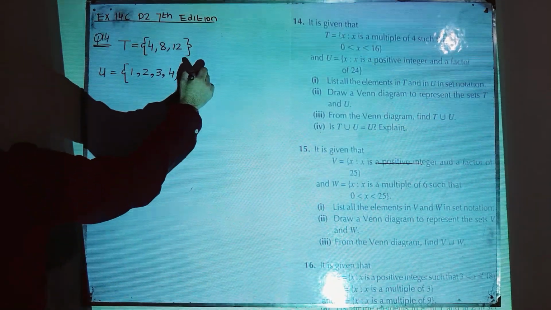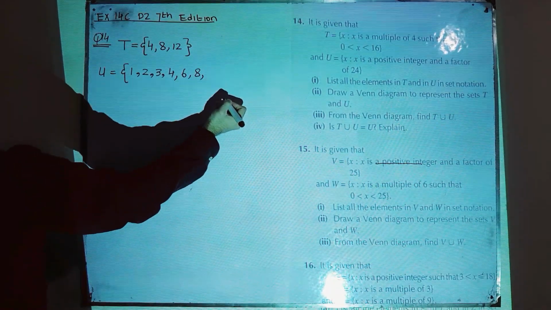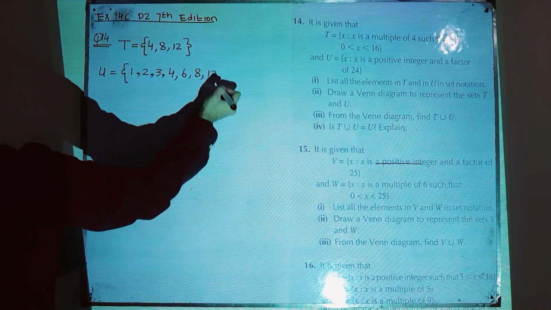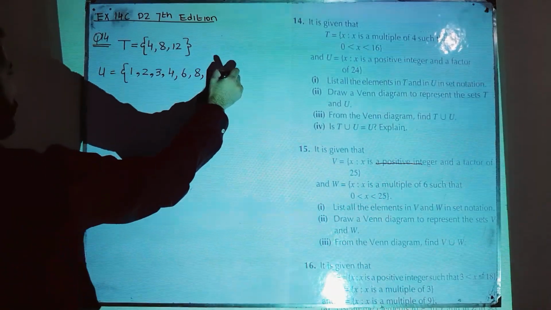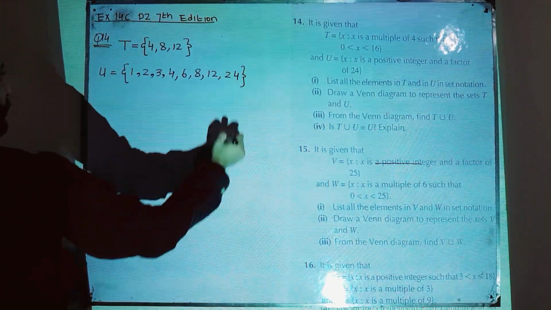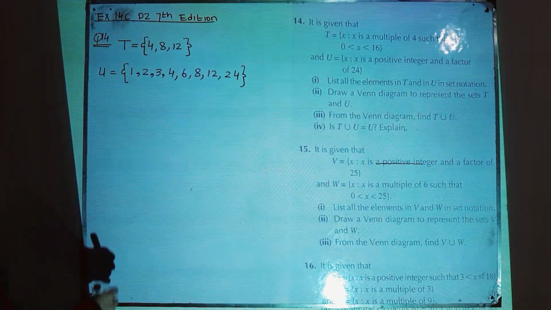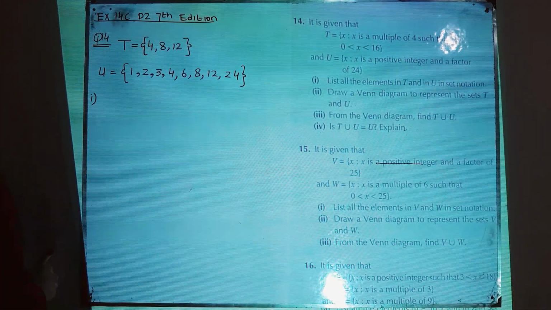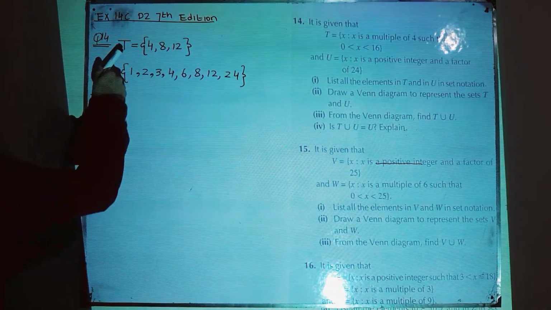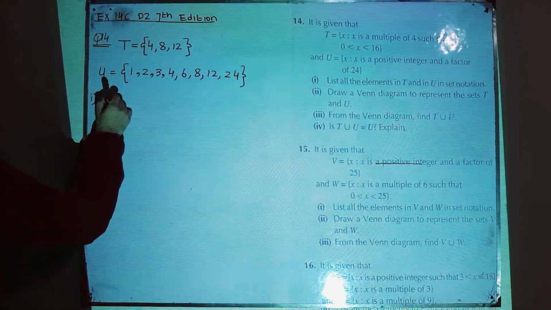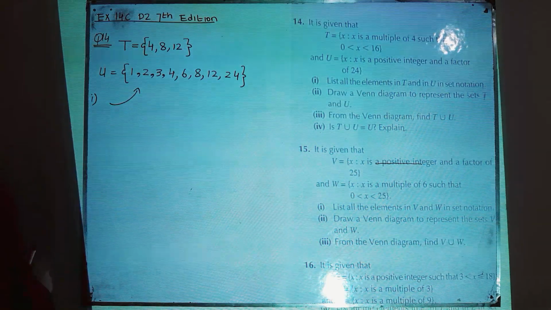Then you have got 8, 12 and then 24. These are factors of 24 that are positive integers. So part number 1 is list all the elements in T and in U in set notation. So this is the answer for that.